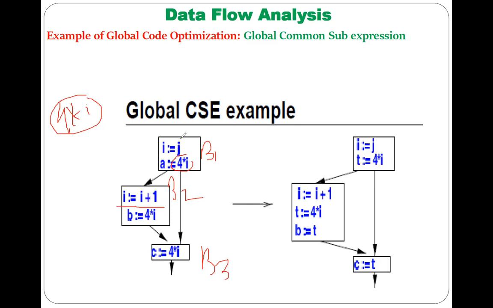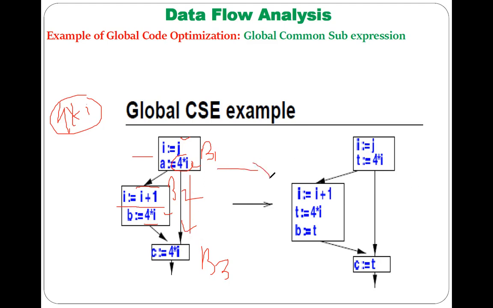Here the value of I is J, and here you are changing it as I equal to I plus 1. Understood? So this 4 into I is not the same 4 into I. That is the reason you cannot say this 4 into I is available for B2. But this 4 into I is available for B3 because it goes directly to B3. That is the reason.